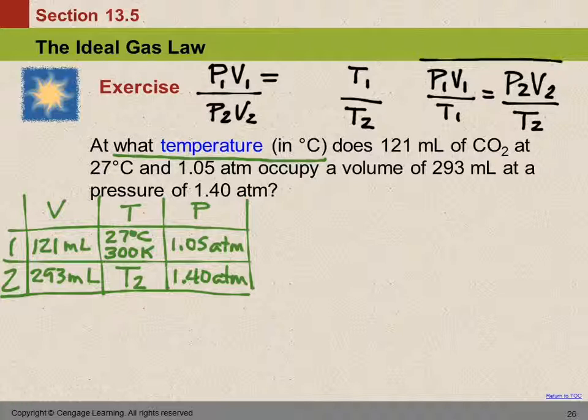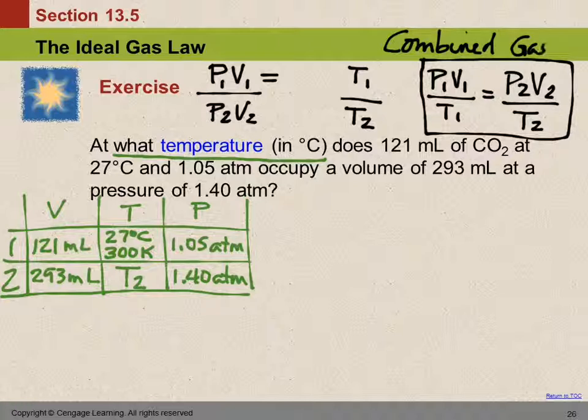So I will give you that, and you may need to use that doing homework. That's called the combined gas law, because it combines 3 of the gas laws. So you'll have that available on your extra sheet of information for an exam.